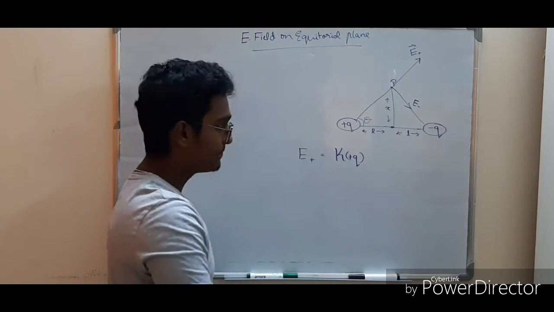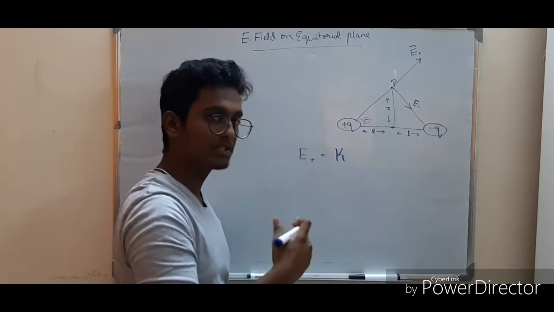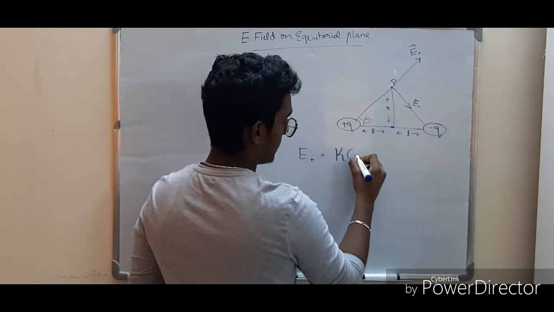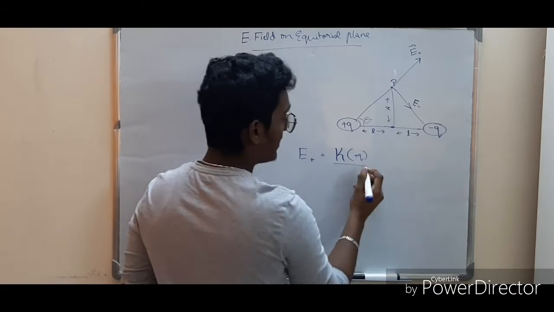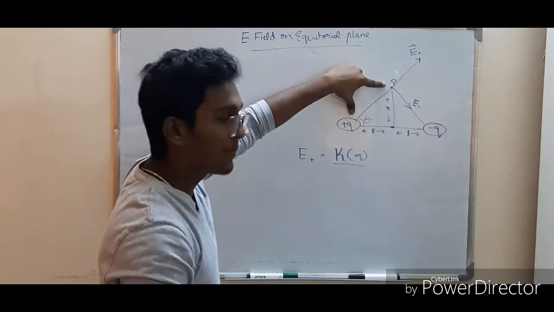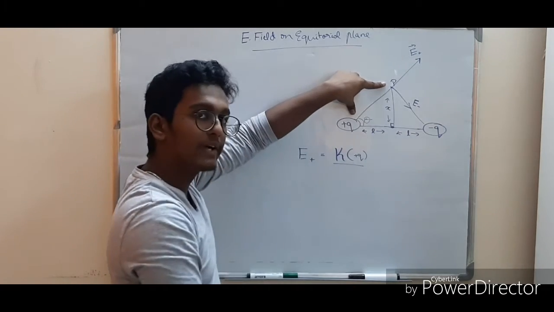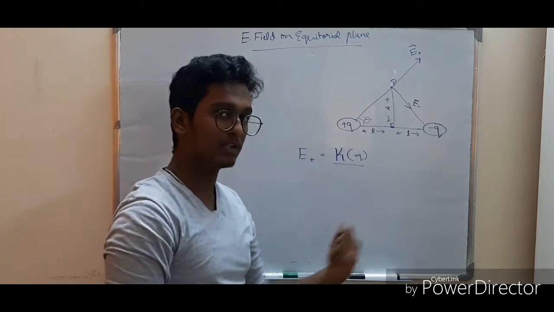So K plus Q, it is not addition, it is multiplication with the positive of Q, divided by the distance between this charge and the point, which is the hypotenuse of this triangle. So what is the hypotenuse of the triangle? It's the root of the sum of the squares of the other two sides.